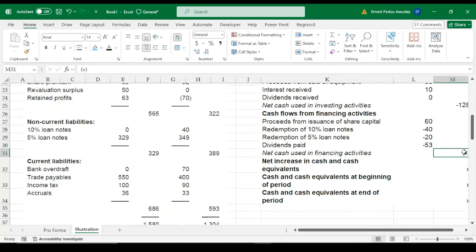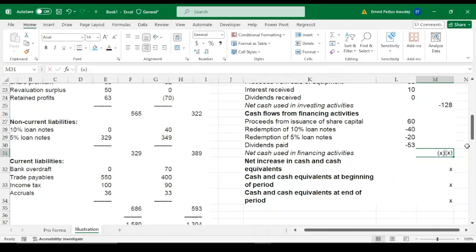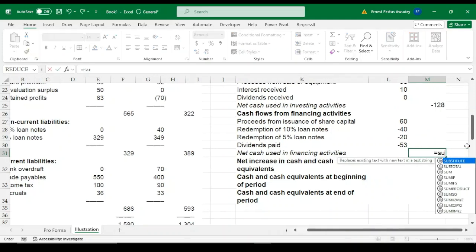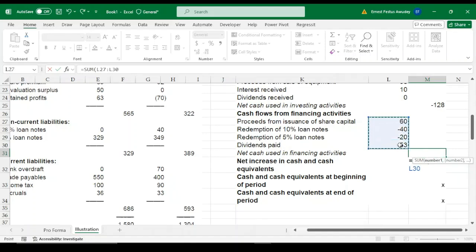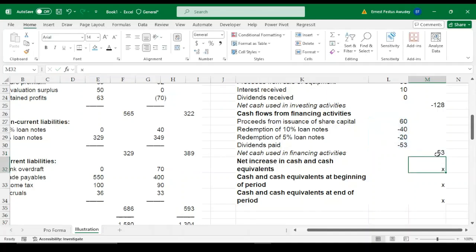As I said, it is everything that pertains to our capital structure. So you see, we have shares and then loans, long-term debt and all that, then dividends as well. So I will just have a sum of all of these figures, close my parentheses, and hit enter, and that will give me 53.